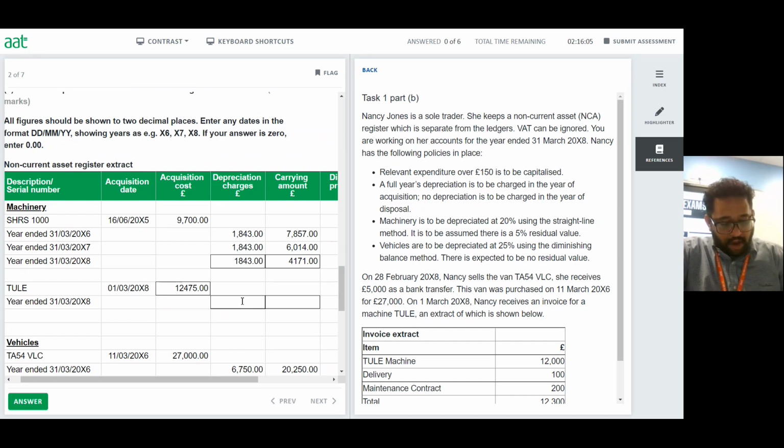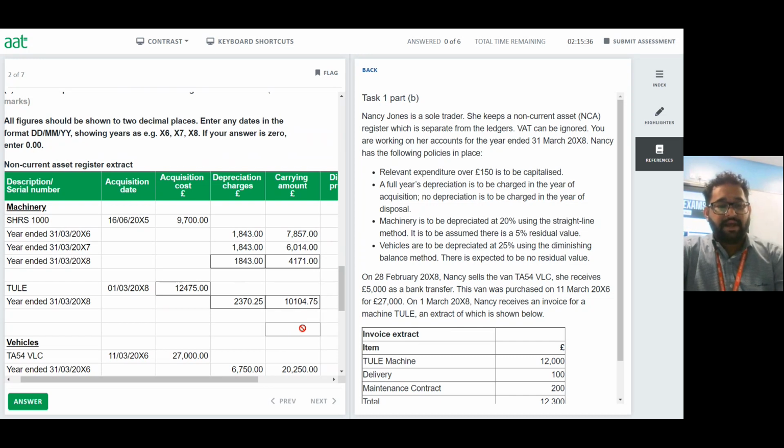So let's find out what is the 20% of it. I am getting 2370.25. So this is the amount I have depreciated for the year. And then whatever I'm going to have, 12,475 minus 2370.25, it gives me an answer of 10,104.75 pence.